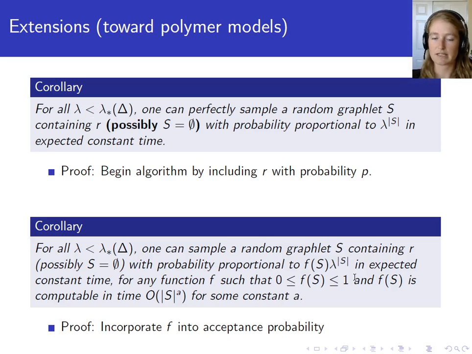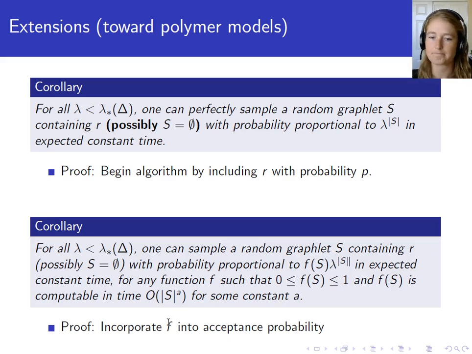And I will also mention it's fairly easy to modify the probability distribution we want to sample with. So if there is some function f of S that for every subgraph S has a value between 0 and 1, and this function can be computed in time polynomial in the size of S, it is fairly straightforward to sample a graphlet with probability f of S times our original probability lambda to the size of S. So all we do is just incorporate this f of S into our reduction probability.